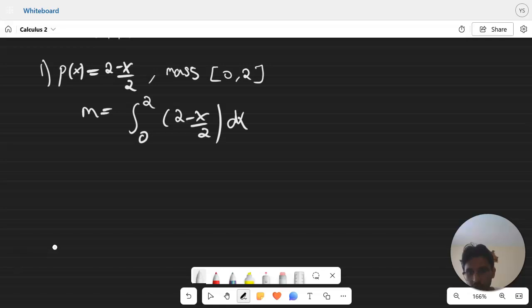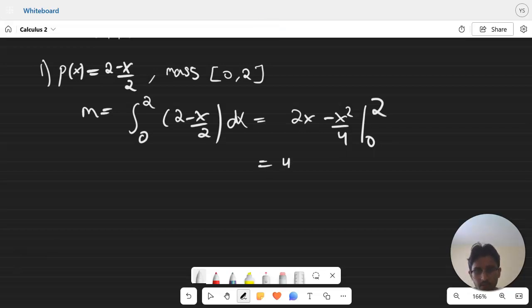Now if we go on to find the integral of this from 0 to 2, the integral of 2 is just going to be 2x, minus x over 2 is going to be minus x squared over 4, from 0 to 2.